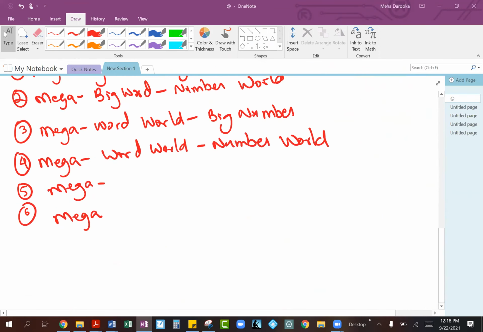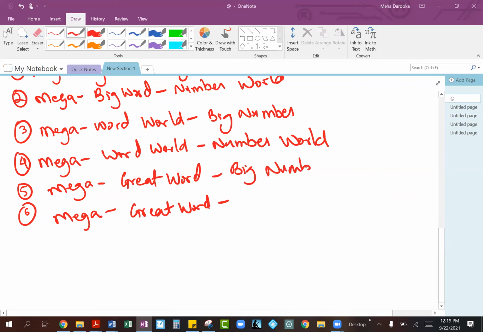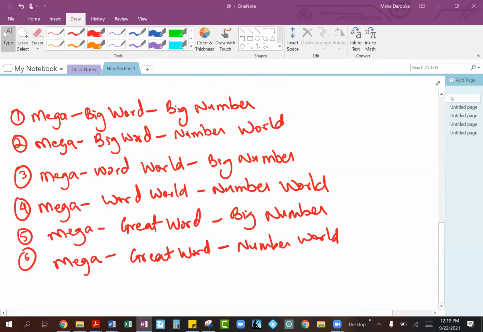Great Word. You are looking at Great Word as your third word processing software. So Great Word for both of these. And then, of course, they would switch between Big Number and Number World.